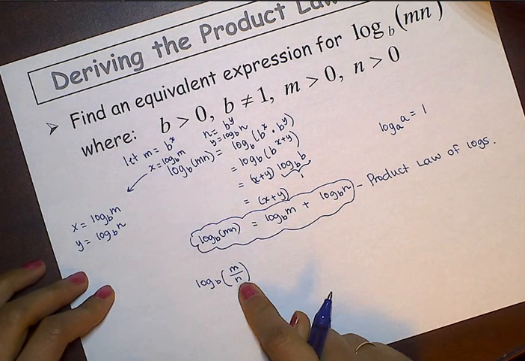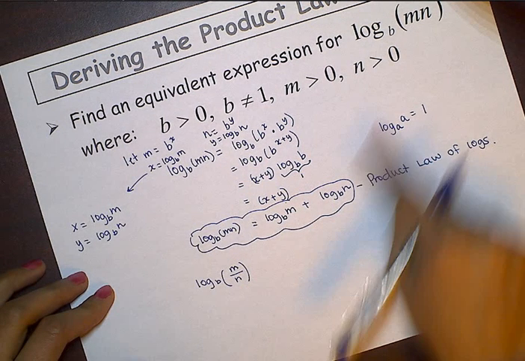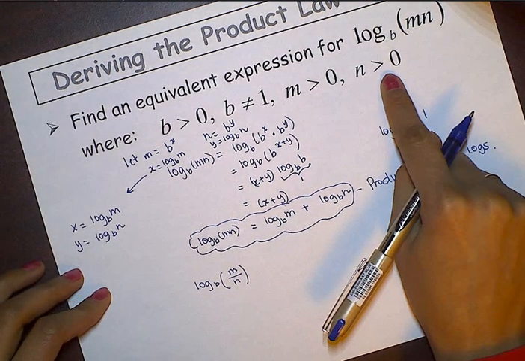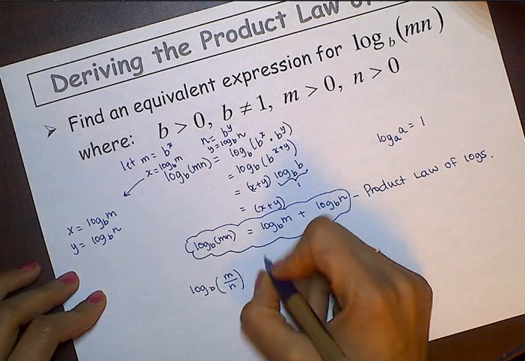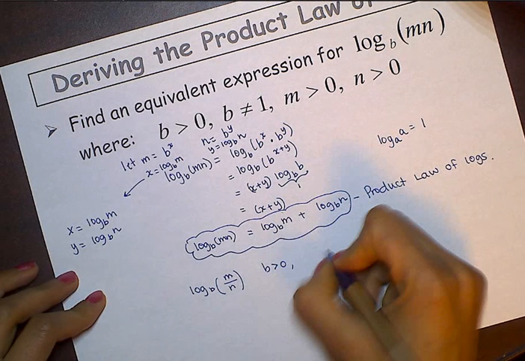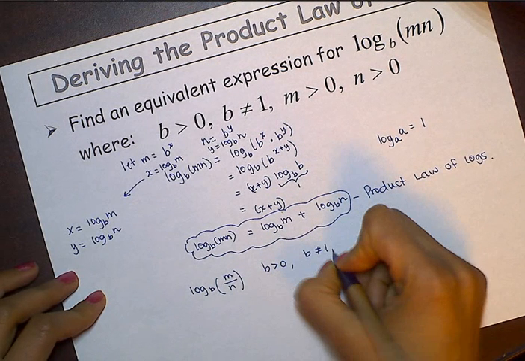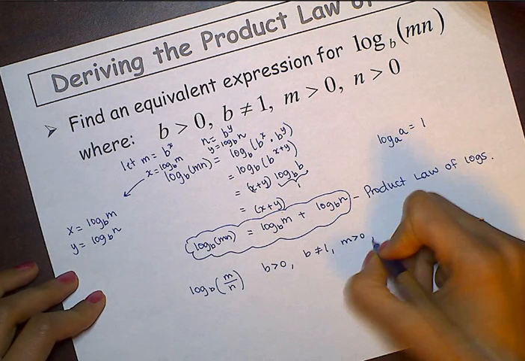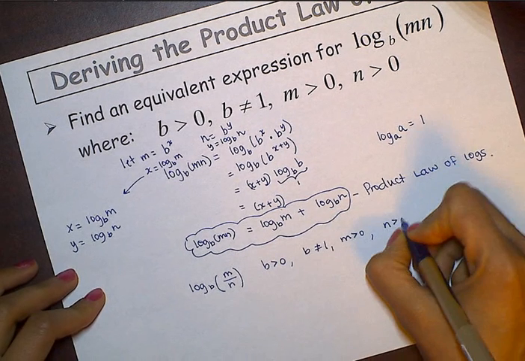So b must be greater than 0, b cannot equal 1, m must be greater than 0, and n must be greater than 0, and it cannot equal 0. Sorry, that's already stated in here. I apologize. Okay, so let's go ahead and now derive this.